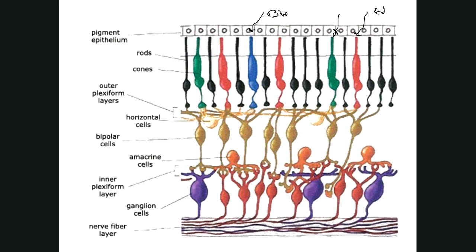And so because we have three different cones, we can see combinations of these different colors. Depending on what kind of color you're looking at, you stimulate them more or less. And so you can see thousands of colors, not just one color with different shades, but thousands of different colors.